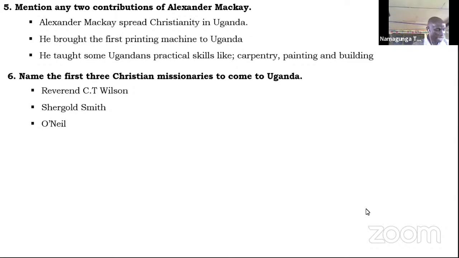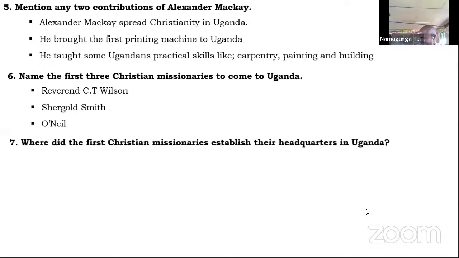So let's look at our number 7. This is the last one. Kamara Mimi, read for us number 7. Unmute first. Where did the first Christian missionaries establish their headquarters in Uganda? Oh, that's good. Now we're looking for the answers.